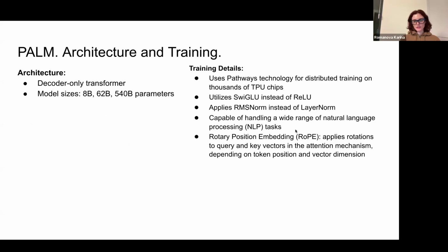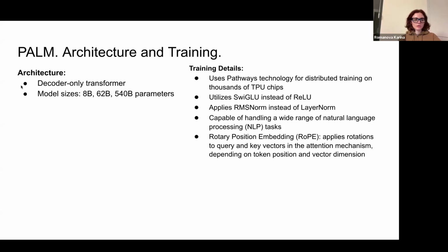This type of positional encoding is useful right now, and we have it in large language models. Also, we see some architecture changes of the activation function.